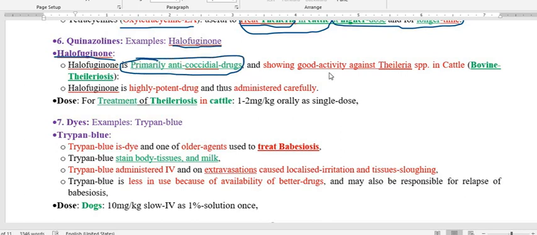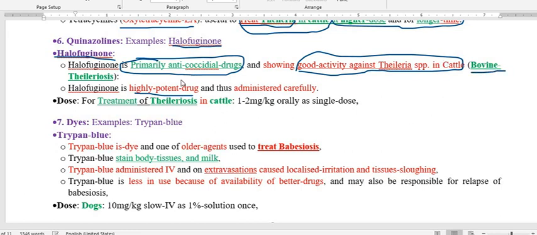What is important about halofuginone? Halofuginone is primarily used against coccidia, and it also shows good efficacy against Theileria in cattle. Because parvaquone or buparvaquone is a costly drug, we may have to use another drug which is less costly.